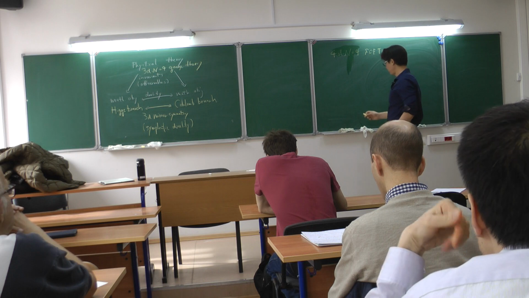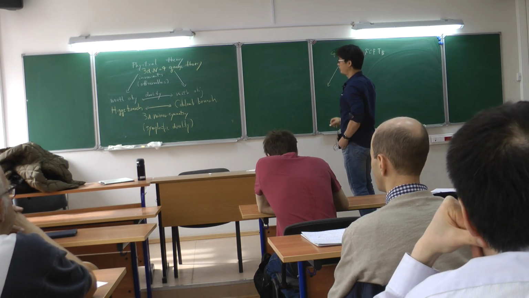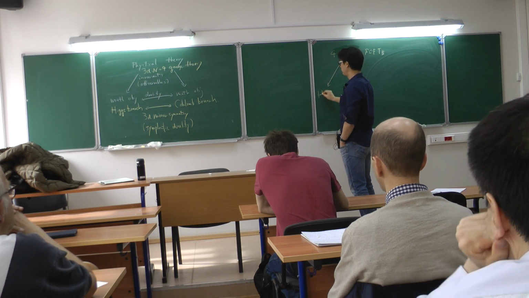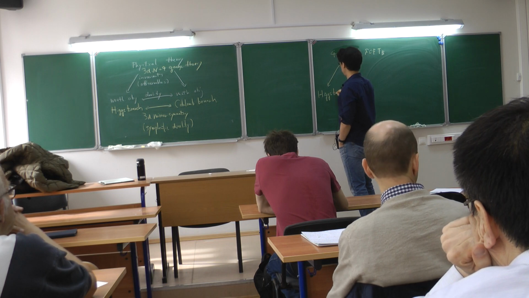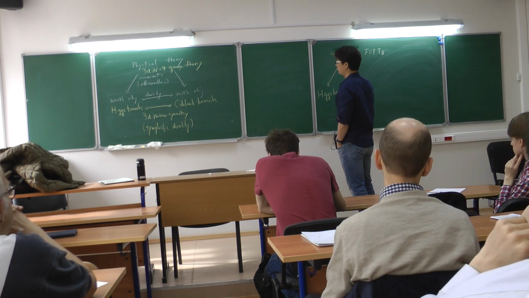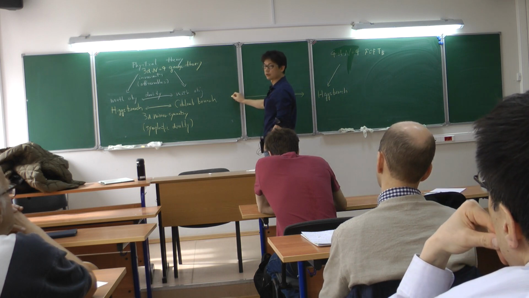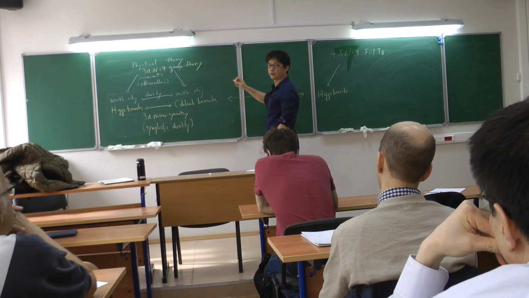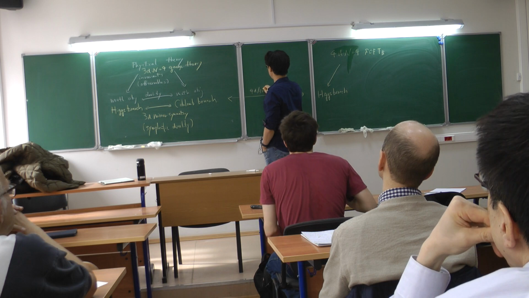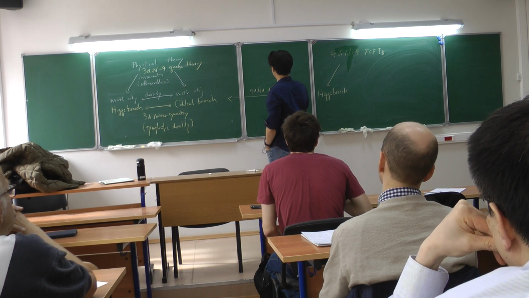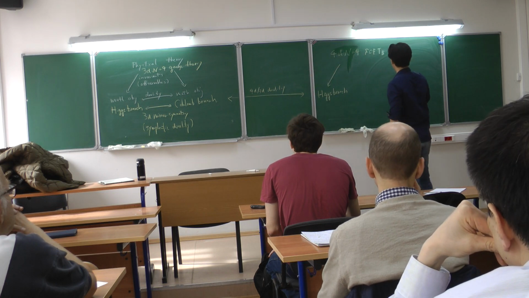So here, for example, we have a Higgs branch, which is closely related with the Coulomb branch of 3D theory via 4D, 3D duality, whatever it means.